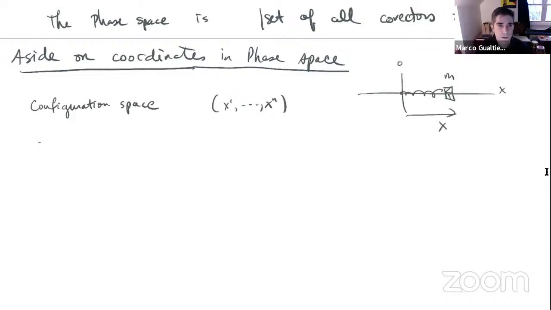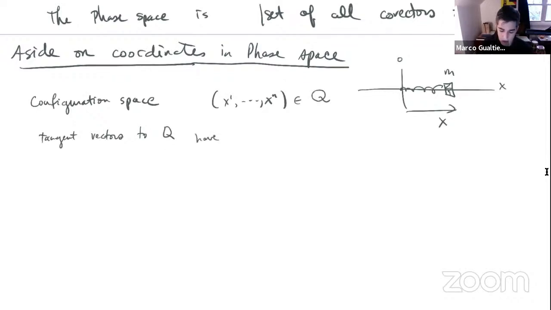So the position of the mass or of the particle has a certain coordinate, and that is the configuration space. And so if you want to talk about unit vectors or tangent vectors to the configuration space, let me call the configuration space Q. Tangent vectors to Q have a basis given by d by dx1 up to d by dxn.